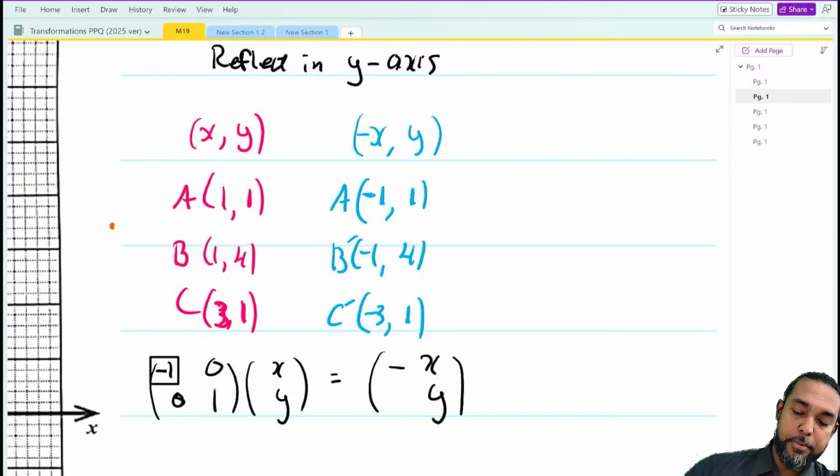Right? If we do the bottom row, 0 by x is what? 0. 1 by y is what? Y. And 0 plus y is y. So when you reflect in the y-axis, the matrix of transformation is -1, 0, 0, 1.